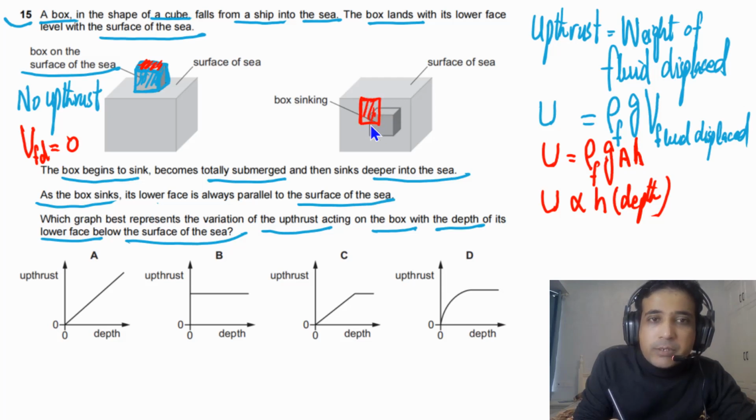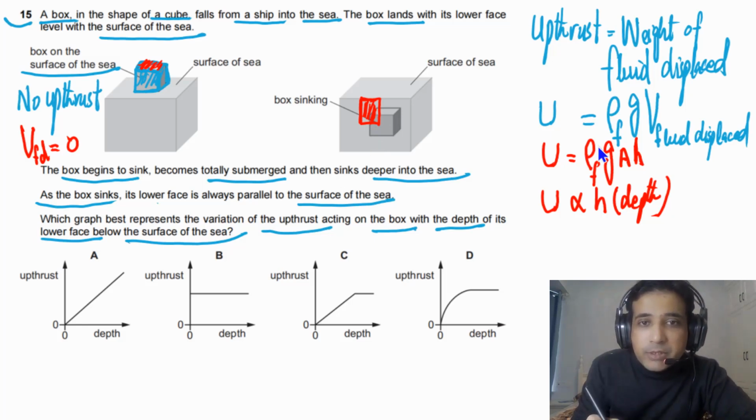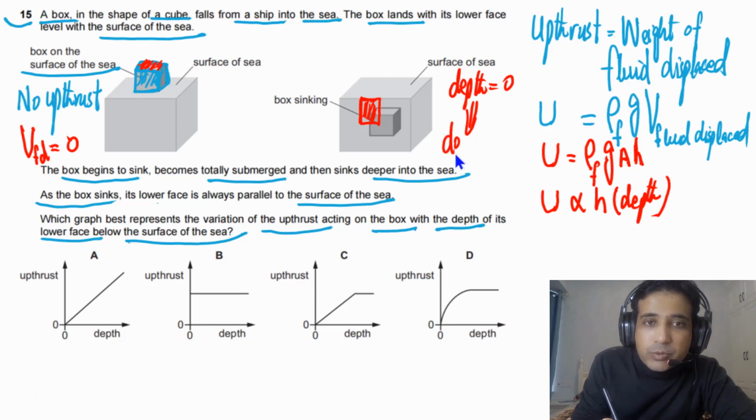Upthrust will increase when depth goes from 0 to depth equal to small h, the height of the box.